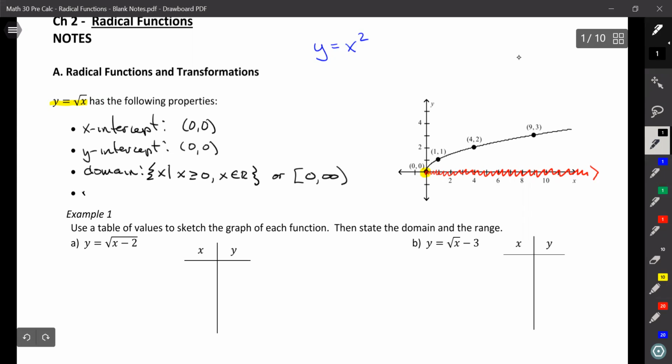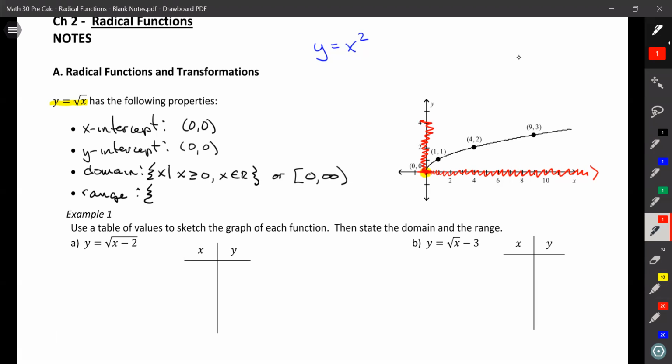Now the range for this one starts here and the graph goes up. It doesn't go down past 0, but it keeps going up. If you follow this line, it will just continue on its upward direction.